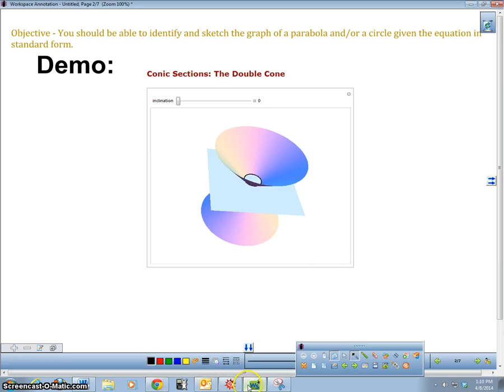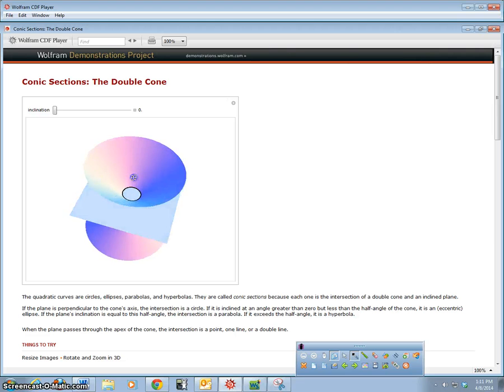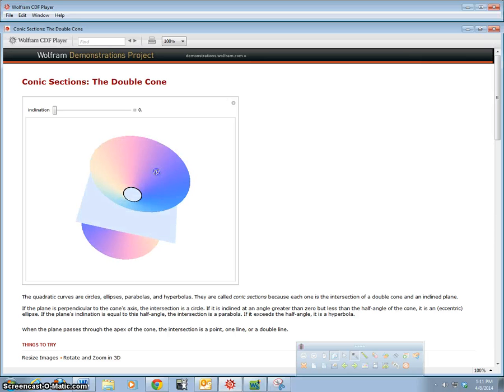So what I'd like to do real quick is just show you what a conic section is, in case you haven't heard this. Again, this is a little bit of review from Algebra 2, but I've got this little demonstration here. Notice that I have two cones put together, and I have a slice right through it, and I make a circle.